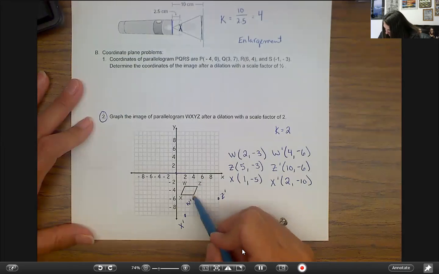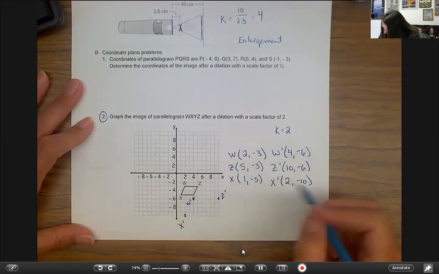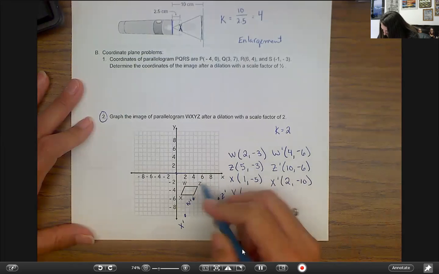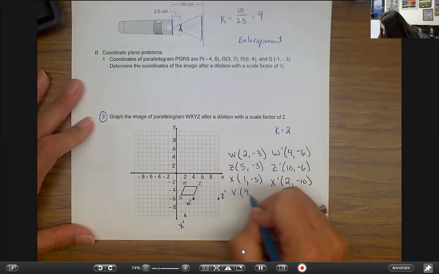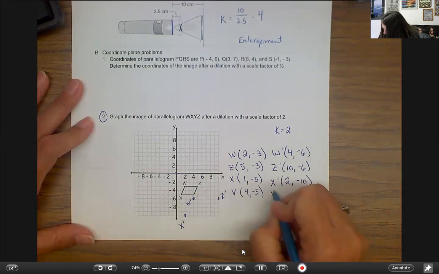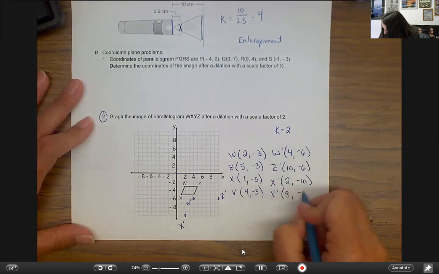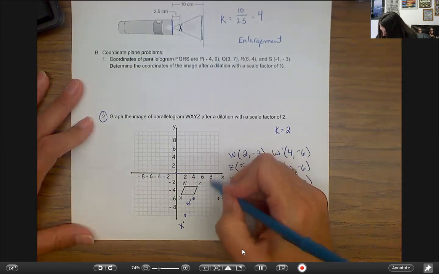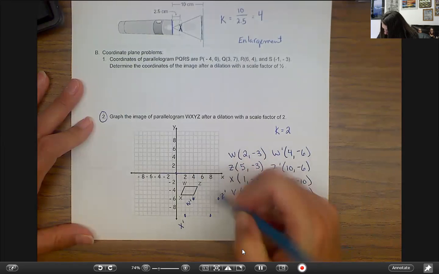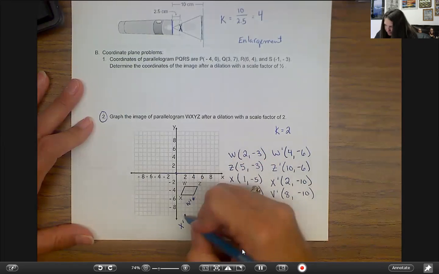And then my last one, which was V. V originally was at 4, -5. So V prime is going to be located at 8, -10. So 8, -10 would then be V prime.